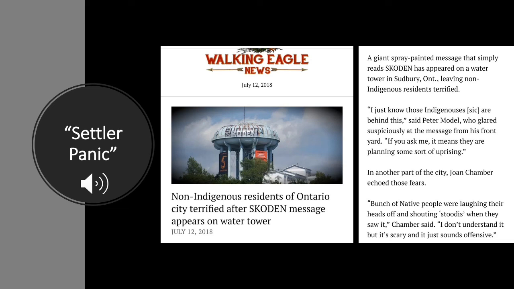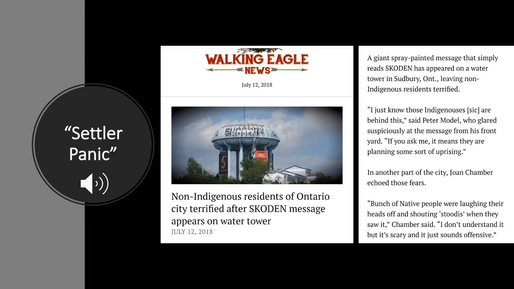So the headline is Non-Indigenous Readers of Ontario City Terrified After Skoden Message Appears on the Water Tower. And they have this quote from this imagined settler who says, I just know that those indigenouses are behind this. If you ask me, it means they're planning some sort of uprising. And the joke, right, is that settlers are always like, I don't know what it means, but I don't like it. It's scary.